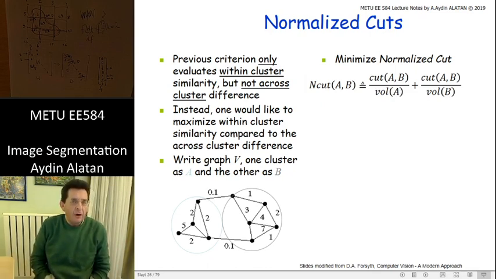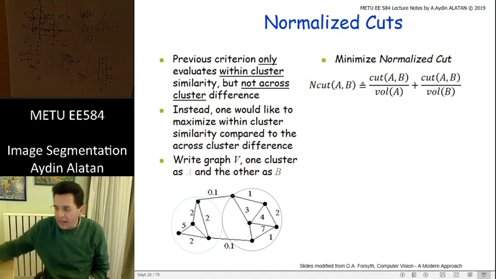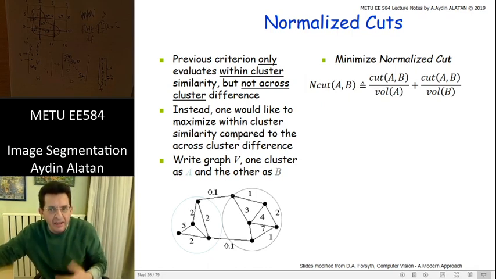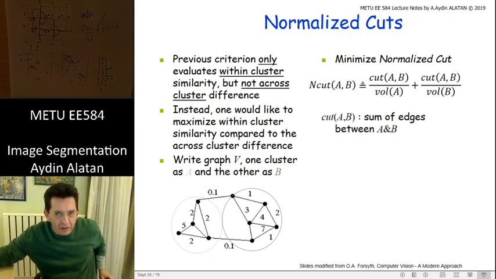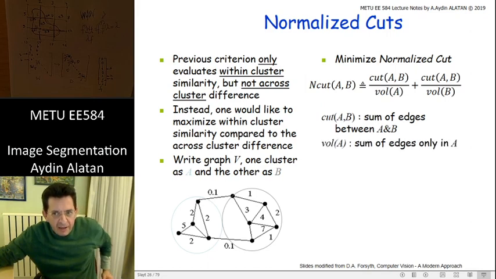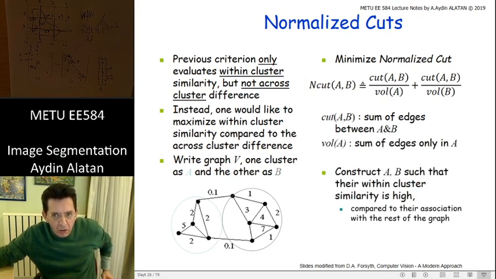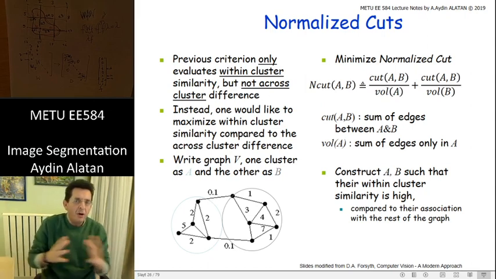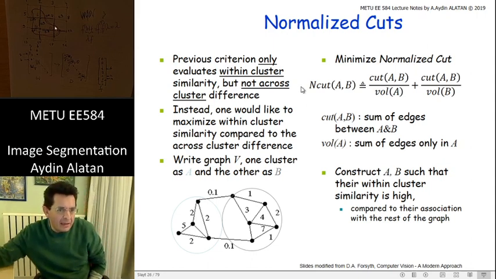Okay, therefore, we change our parameters in this way, and our cost function is basically rewritten, taking into account multiple things. These are some of the edges, volume of A and B, and our aim is basically to construct an A and B automatically so that this thing is minimized.